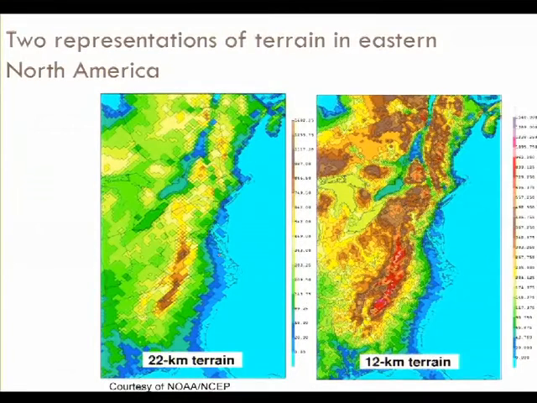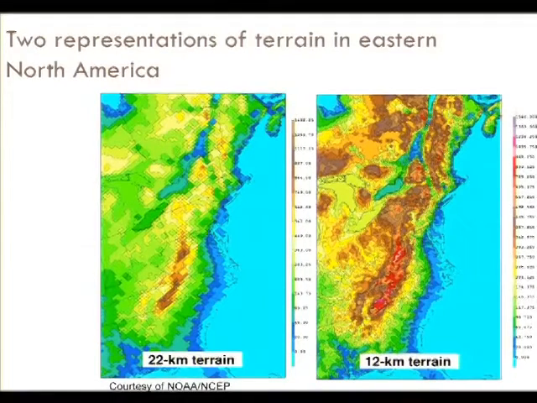When we're looking at mountains specifically, the 22-kilometer one has trouble resolving the peaks of the mountains just because it's not fine enough. The resolution isn't good enough to see that there actually is a mountain happening there. Whereas on the right-hand side, the points are closer to each other, so now we can actually see that there's a mountain peak there.